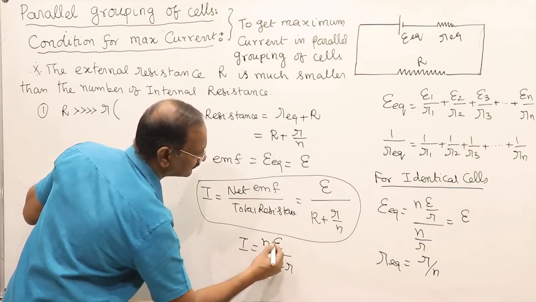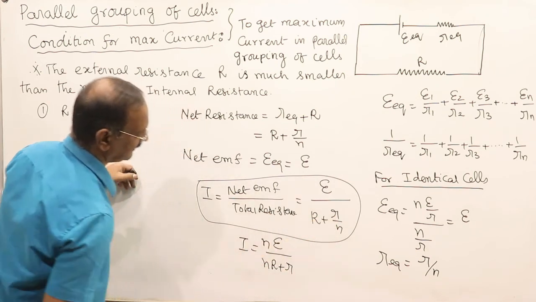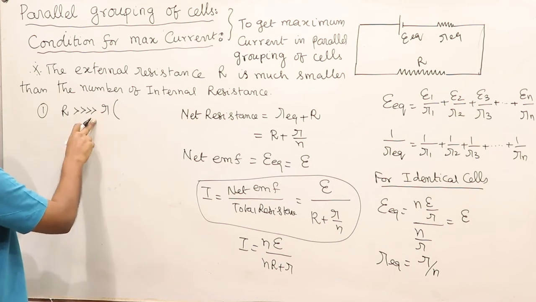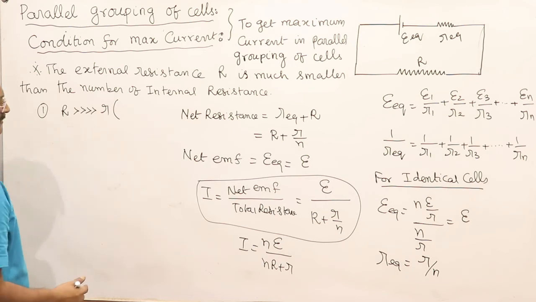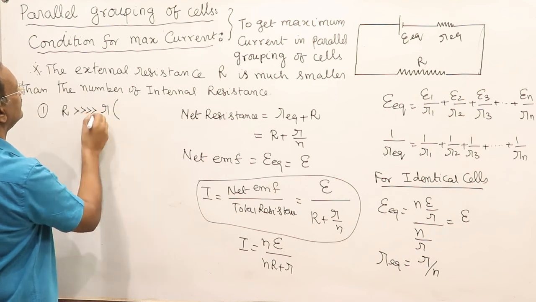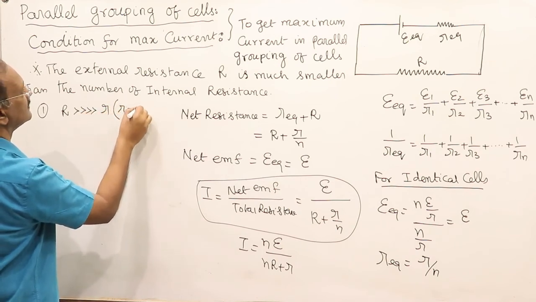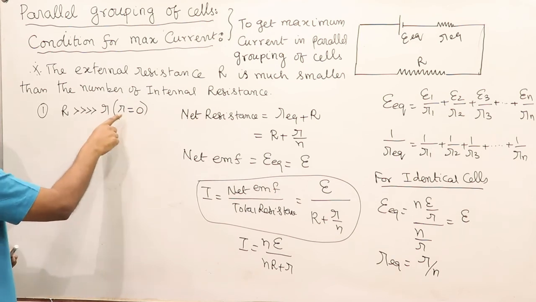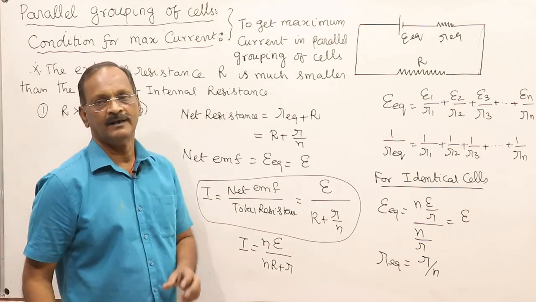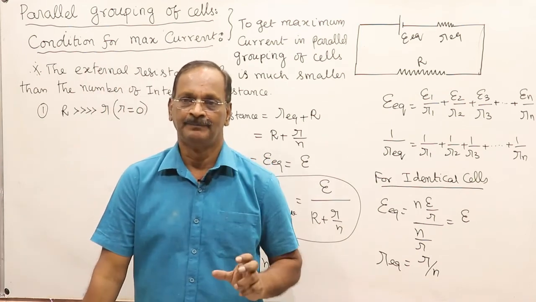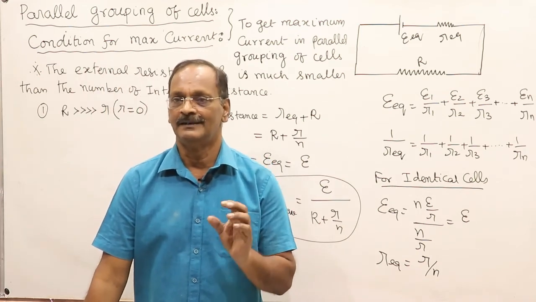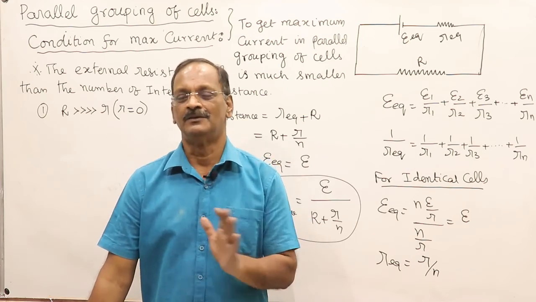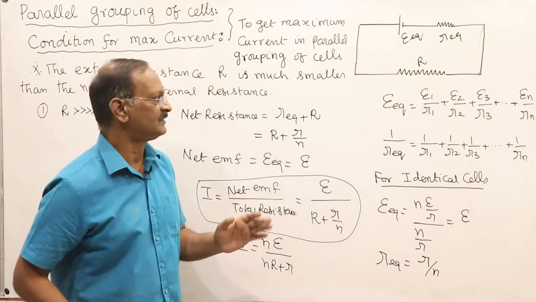In this case, r can be neglected, which means almost zero internal resistance, because internal resistance is negligible. We can note a point: if there is no internal resistance in a battery, then it is an ideal battery. So r is equal to 0.